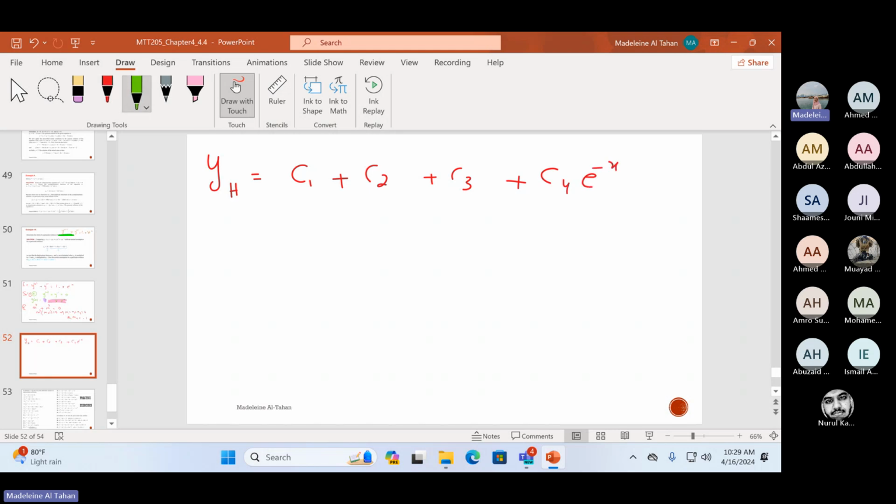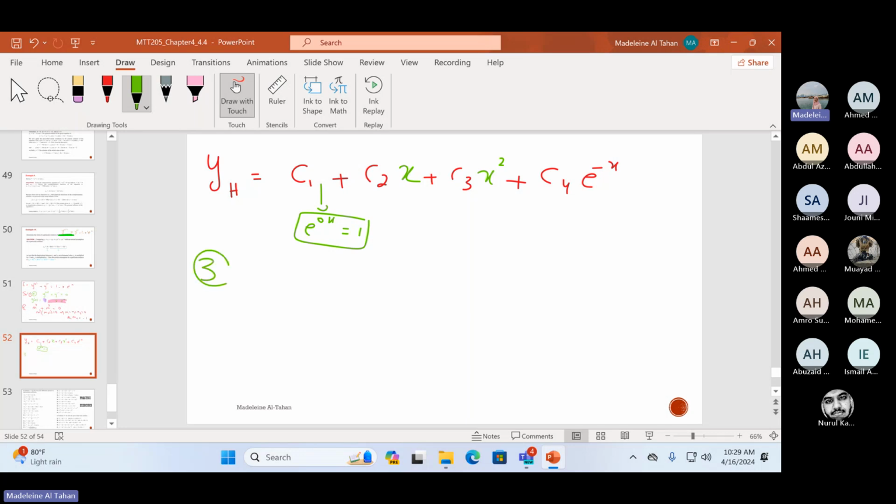This C1 came from e to the power 0x, which is equal to 1. Can I have C1 plus C2 plus C3? What should I do? Remove the dependency, right, miss? Yes, it will be x and x squared. Perfect. So this is YH.